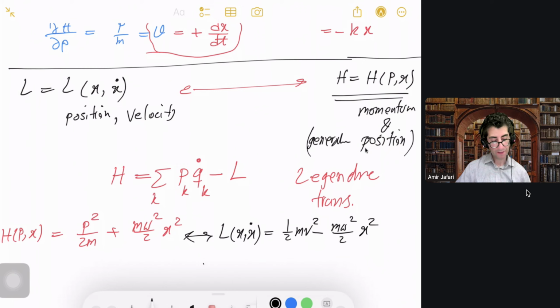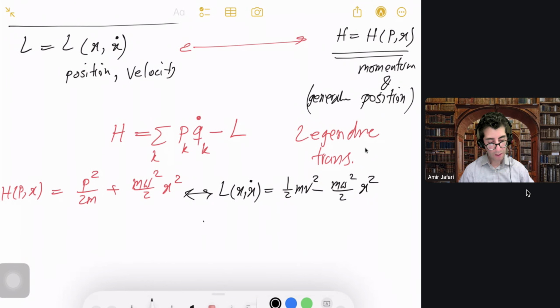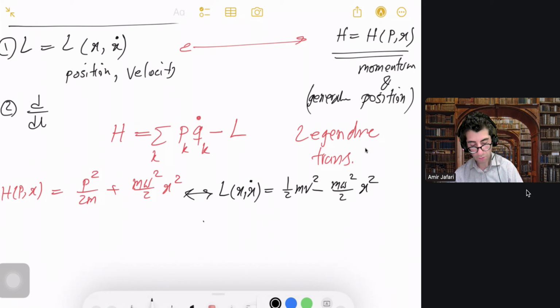Okay. Now, in Lagrangian formalism, the central objects are, one, the Lagrangian, defined as a function of x and x dot, positions and velocities, and also the Euler-Lagrange equation, which is d/dt of dL/dx dot equals dL/dx.